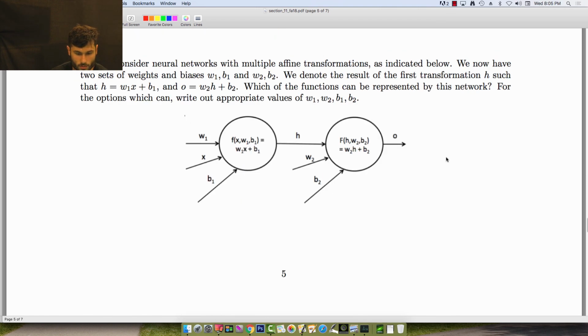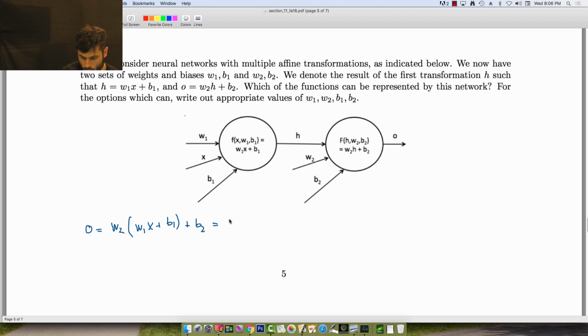In the fourth question, they ask us what graphs can be represented by a network when you have two linear layers on top of each other. In this case, the function can just be linear, because our output is W2 times the output of the first layer, which is W1 times X plus B1, plus the bias B2.